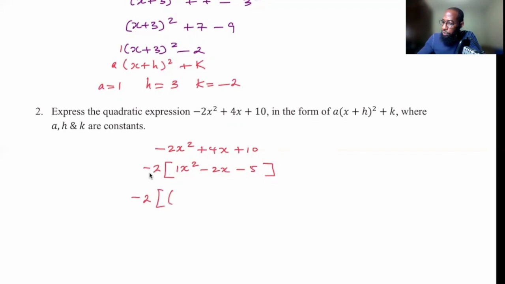We have our open bracket, x, leave a little space, close bracket squared. Whatever constant we have here, in this case -5, we write it back, leave a little space, close square brackets.